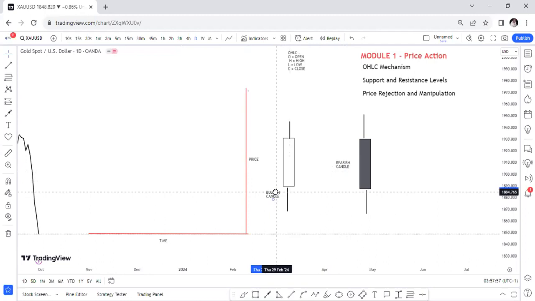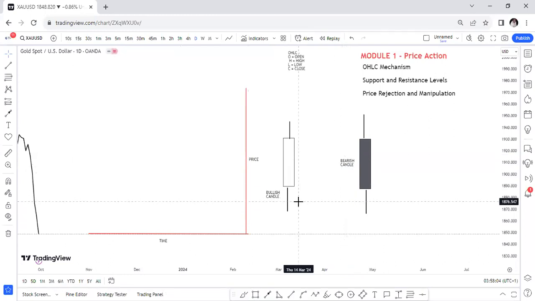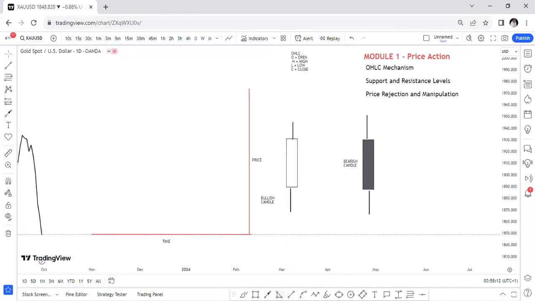So you see how price moves, and you must be able to note this.